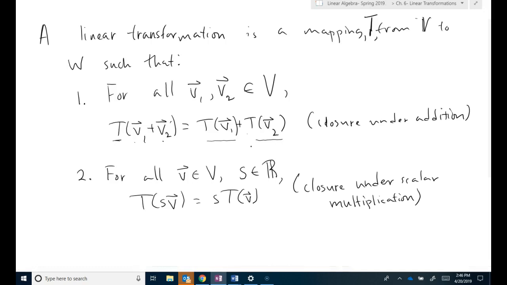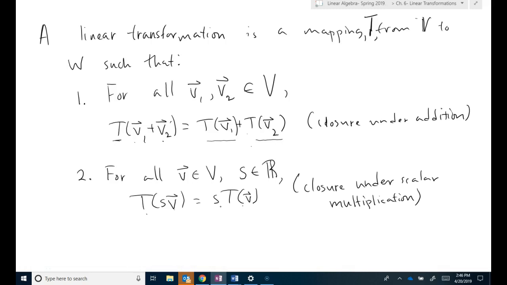It's not a set theory kind of idea. Instead, I can either add and then transform, or transform and then add. I can do it in either order. And the same thing with scalar multiplication. I can either scalar multiply and then transform, or transform and then scalar multiply. I could do it in either order, although we still call it closure. So it's just a different kind of concept.